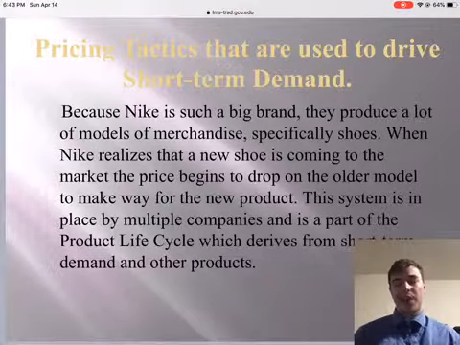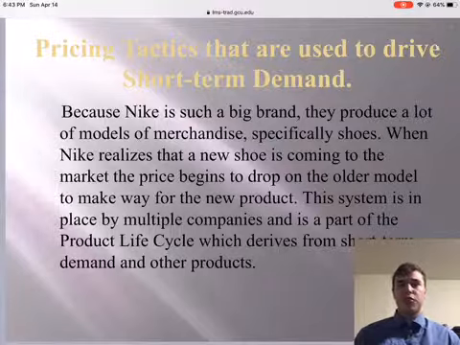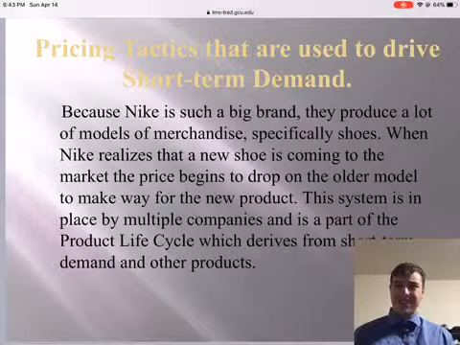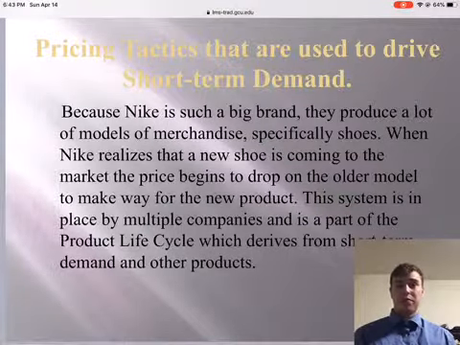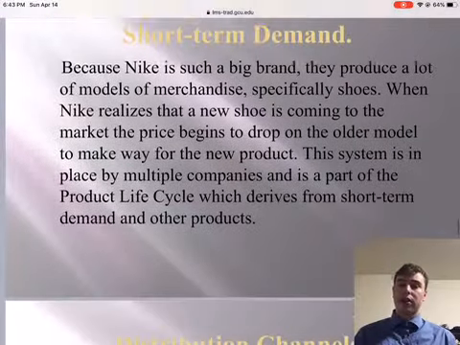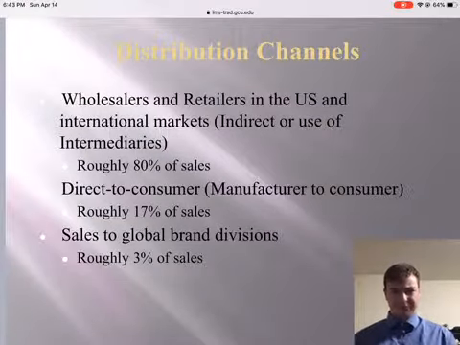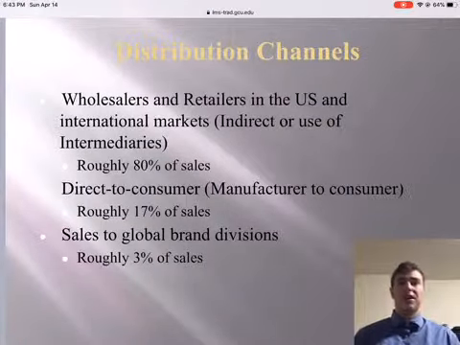When a new product is coming out, the current one starts to get into the mature phase, and when the product is mature, they will decrease the price to increase sales, which drives short-term demand. And because Nike is coming out with a lot of products, they're going to do this to increase demand on each product.